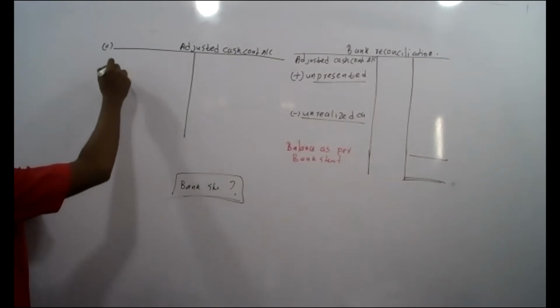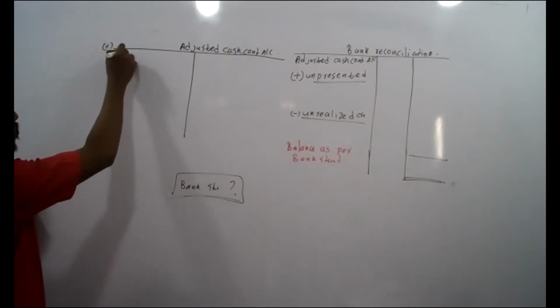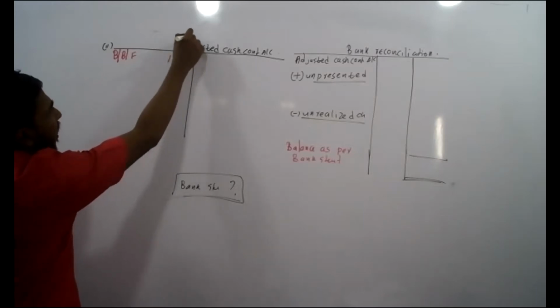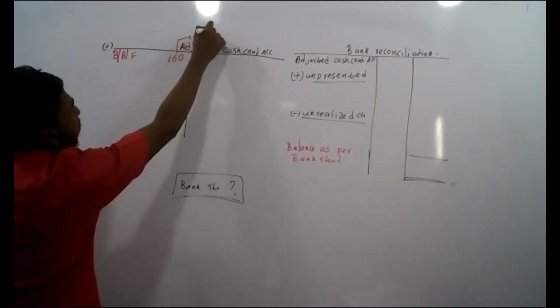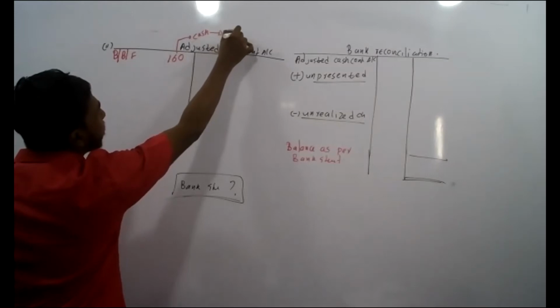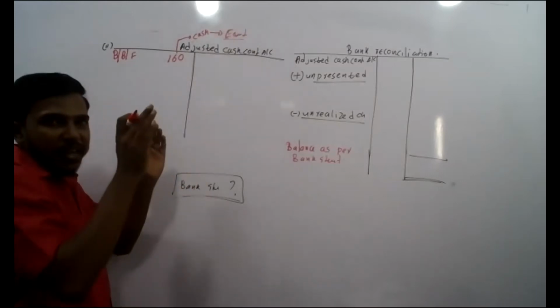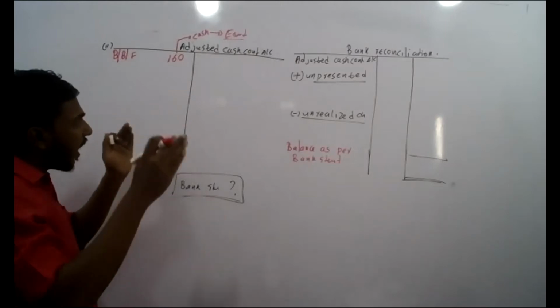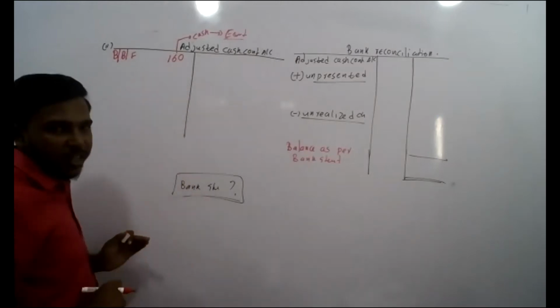So now, for the adjusted cash control account, we have to take the balance brought forward 160. This 160 comes from your cash column in the accounting equation. Can you remember under the cash column or the bank column, the total was 160.